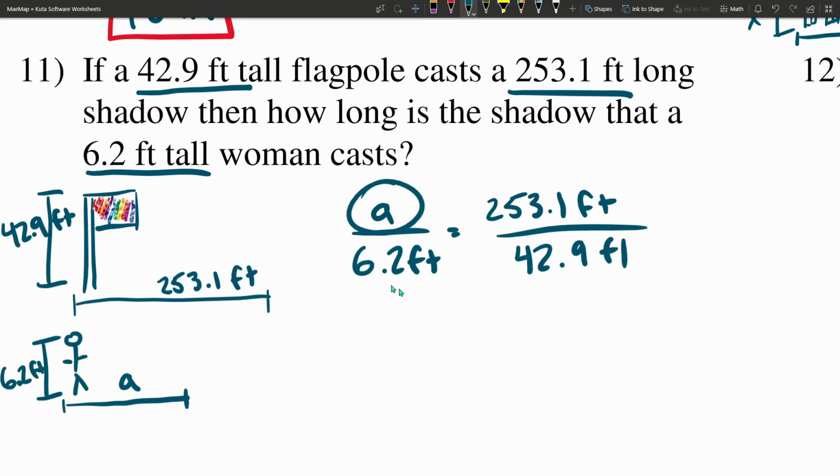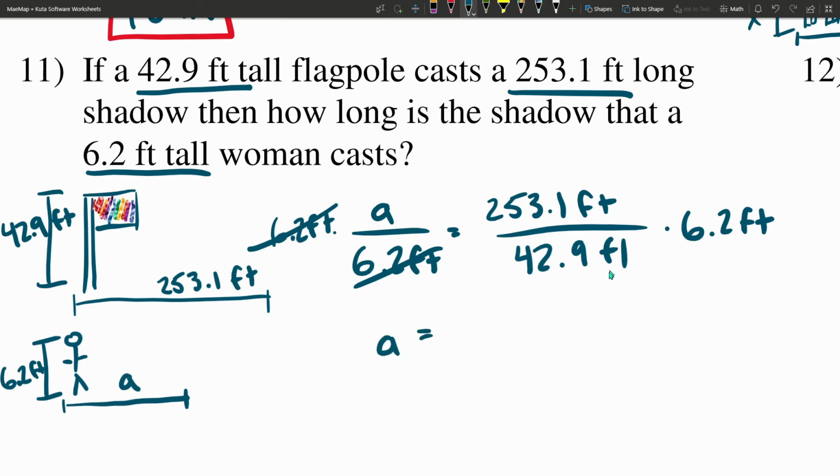Solving for our unknown A, one-step equation. Multiply both sides by 6.2 feet. When we do that, we'll get that A is equal to, on a calculator, go ahead, pull it up, and type it in. 253.1, multiply that by 6.2, and then divide that answer by 42.9.